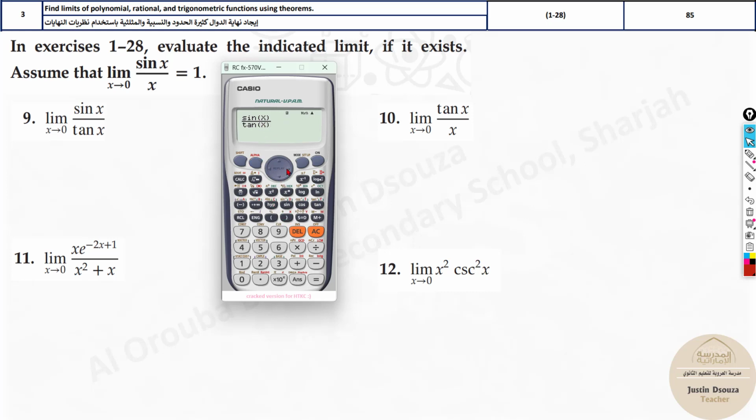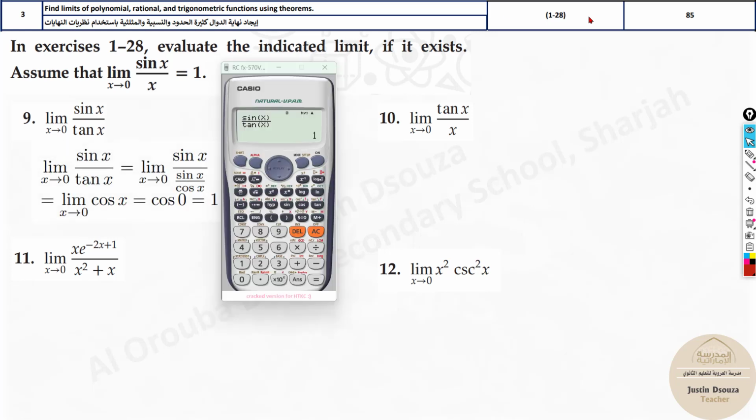If you don't close the bracket, it'll be an error, syntax error. Now calculate at 0.001. Let me start with negative sign, negative 0.001. The answer is almost 1. And let me calculate it at 0.0001, positive. It's 1 itself. So the answer over here is 1.